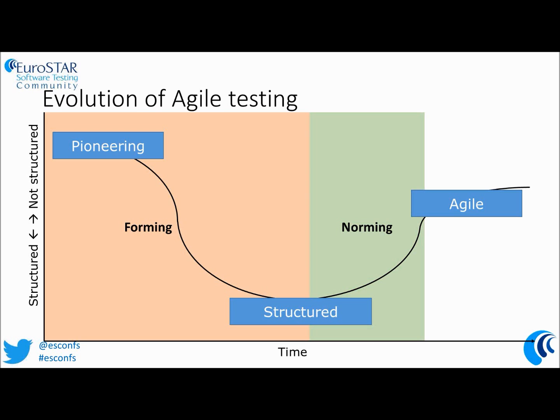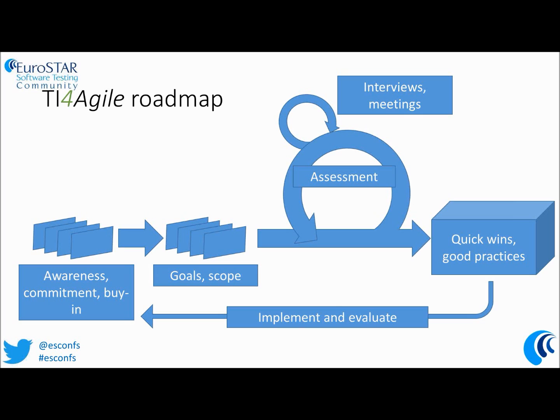So in the end, we can grow to really Agile, performing Agile, making the right decisions at the right times, having people and interactions over processes and tools if at the moment that's necessary. So yes, we still have processes and we have a lot of stuff, but we're more flexible. So be aware, don't go to Agile too soon, because it needs to evolve through structure before you can actually become really Agile.